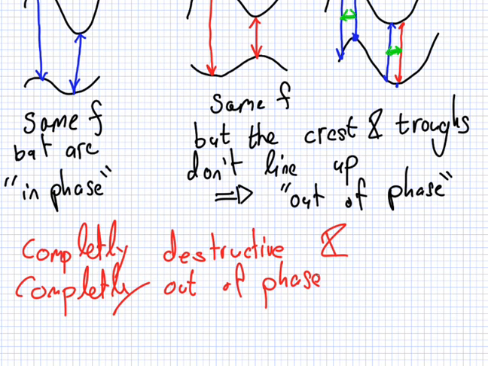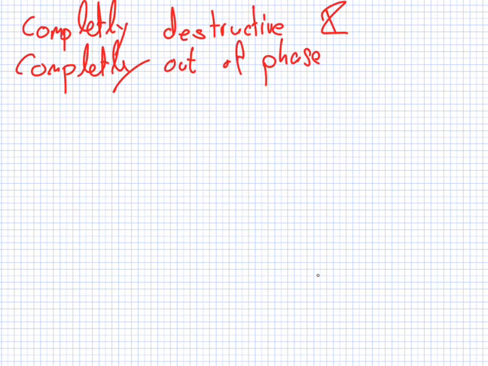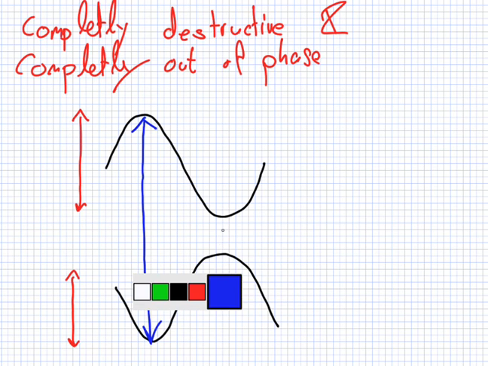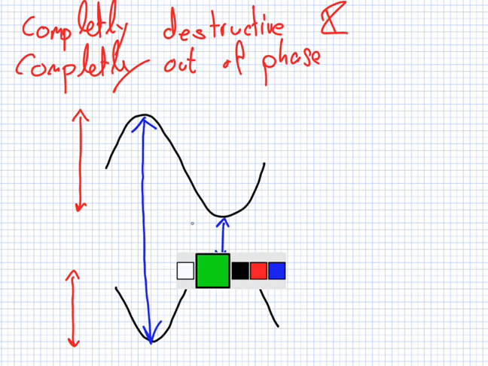Can I draw this for you? Yeah. So something very interesting happens with these two waves. This wave and this wave, they both have the same amplitude, they're both perfectly and completely out of phase. The crest goes with a trough and the trough goes with a crest, and they have the same period, the same frequency.